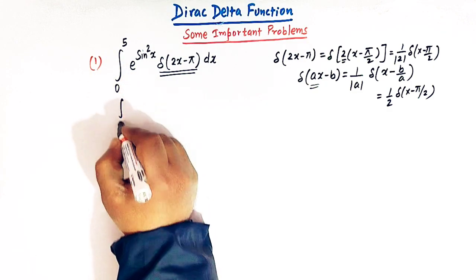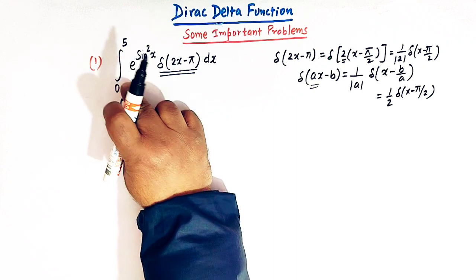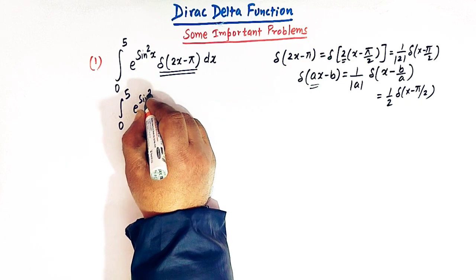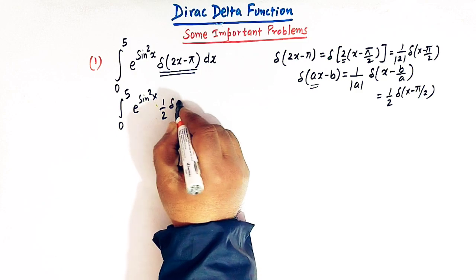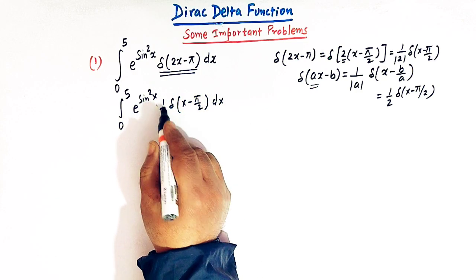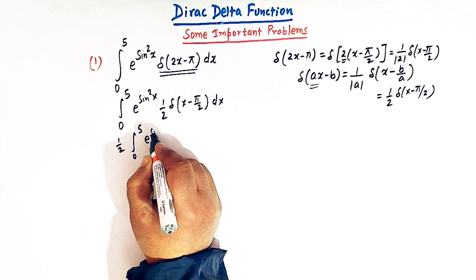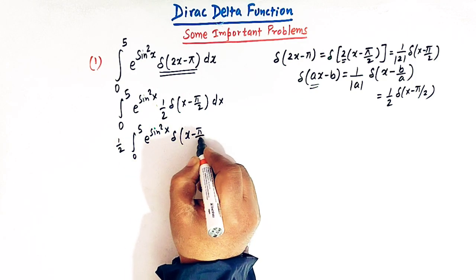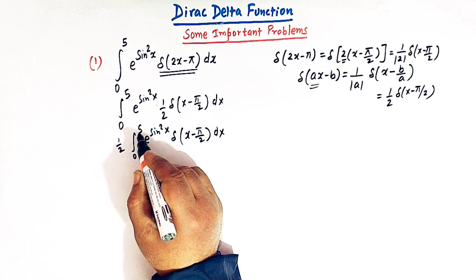So now we can write this expression as the integral from 0 to 5 of e raised to sine square x, and here we have half and delta of x minus pi by 2, right? We can take half outside the integral, so we have half times the integral from 0 to 5 of e raised to sine square x and delta of x minus pi by 2 dx. Okay, now let us see the limits.